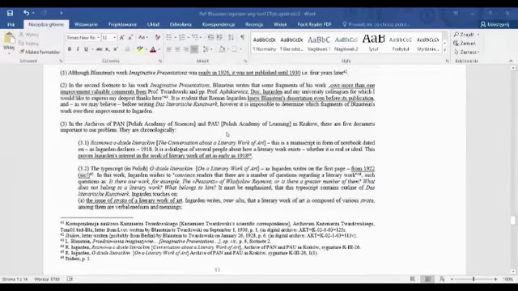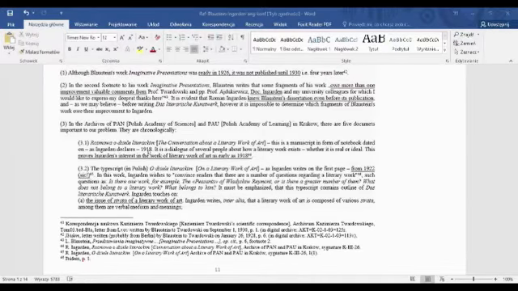And third, in the Archive of the Polish Academy of Science and Polish Academy of Learning in Krakow, there are 5 documents important to our problem. There are, chronologically, first, the conversation about the literary work of art. This is a manuscript in the form of a notebook dated, as Ingarden declares, 1918.